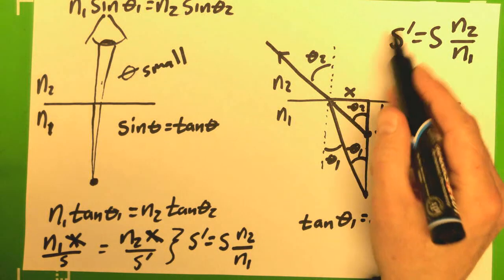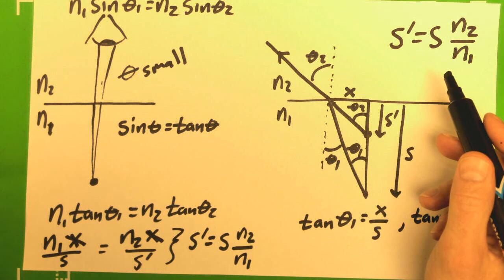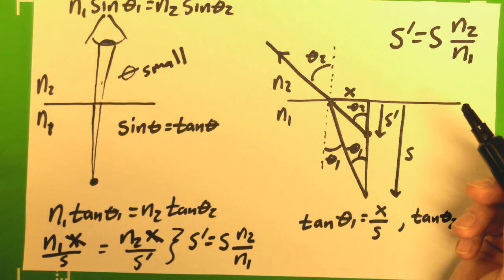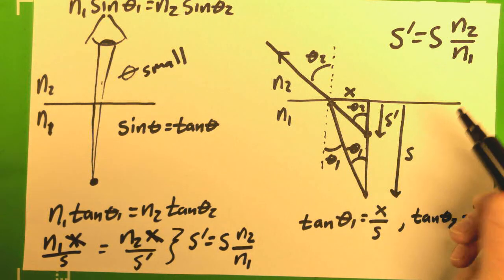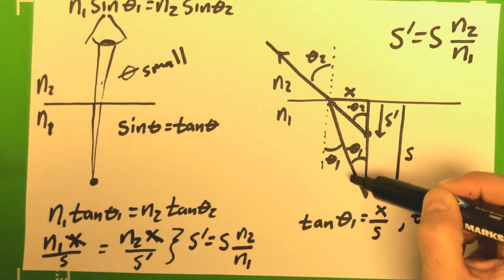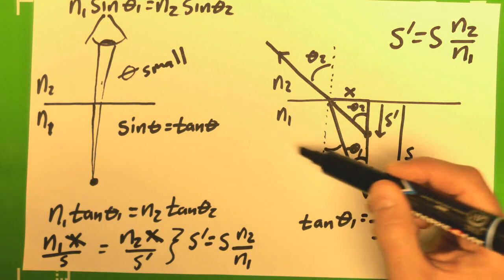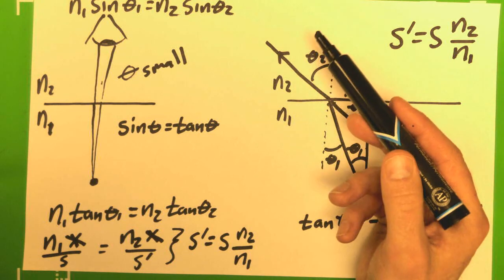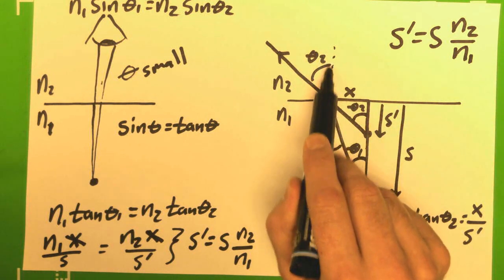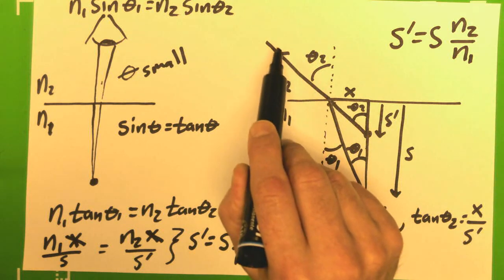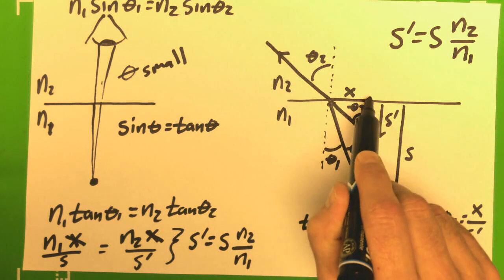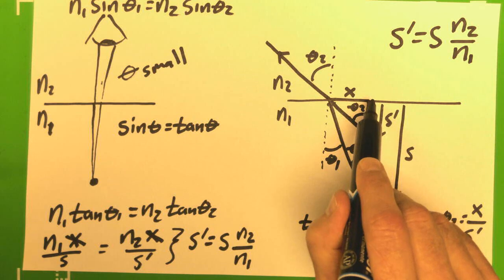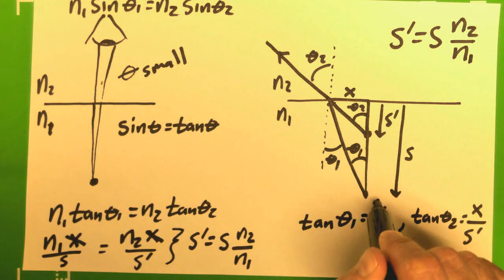Now let's think about this. This is a good result. This would be a nice result to be able to use and apply to different problems. But let's think about what this means. When light is coming out of a higher index material into a lower index material, the rays bend away from the normal, which means the line of sight must be closer to the surface than the object truly is.